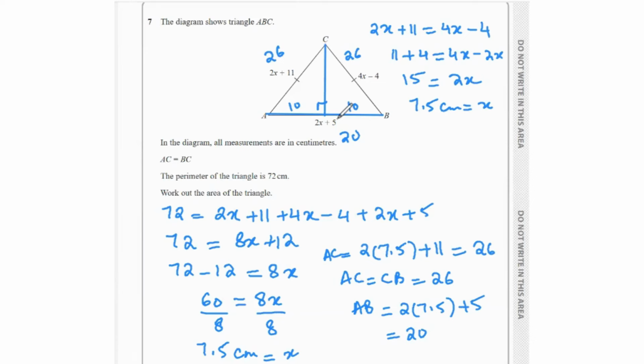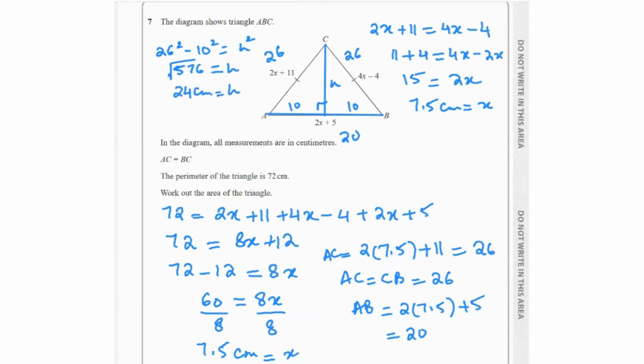For the perpendicular height, we will do 26 squared minus 10 squared equals h squared. That is equal to 576, square root that, and that gives us 24 centimeters for the height.